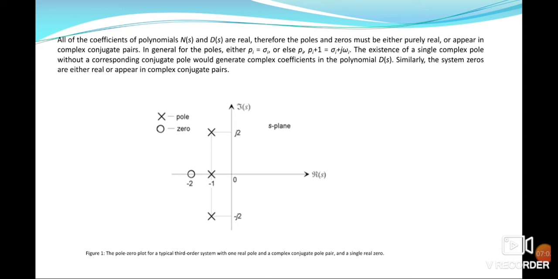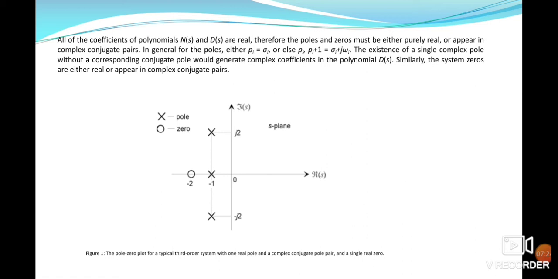On the right half of the S-plane, there are no poles or zeros present. But on the left half of the S-plane, we can see some cross marks and zero marks. The cross marks are representing the poles and the zero marks the zeros.